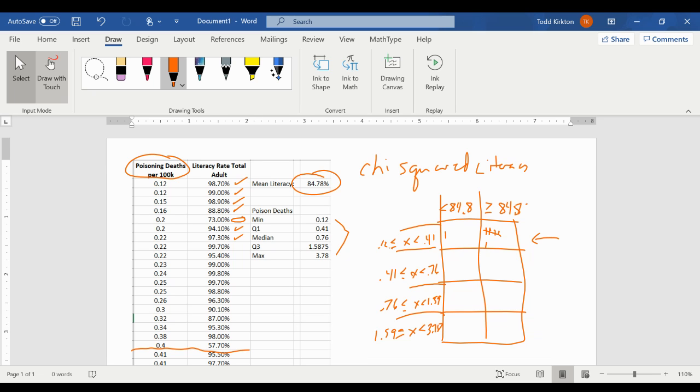Okay, so as you're tallying, you might just make a note of the ones that aren't, especially if they're kind of segregated. In this one, the only other one that's not bigger than the mean is that 57. So you're only going to have two in that first box.